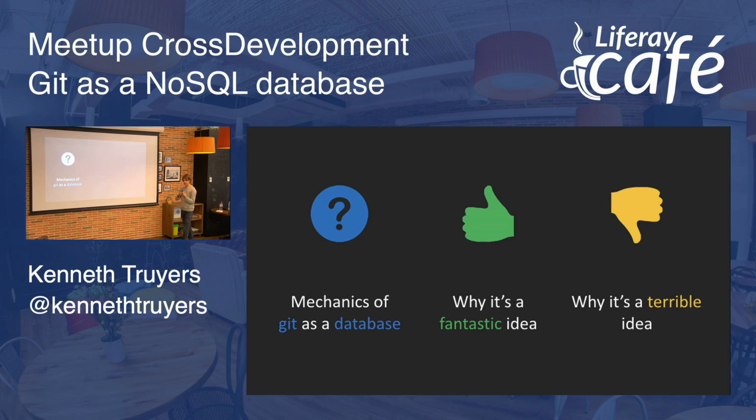So I want to show you the internals of Git a bit, because we need those to use it as a database. And I'll talk a bit about why this is a really great idea and what the advantages are of using Git. And then I'll also talk about why it's really a bad idea and you probably shouldn't do that.